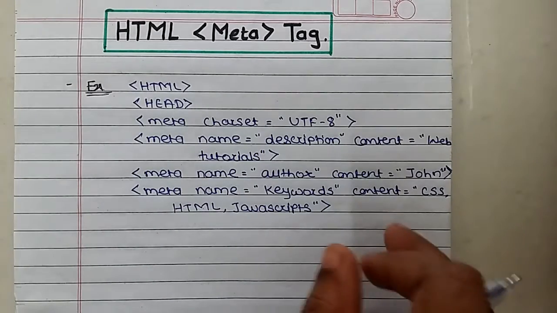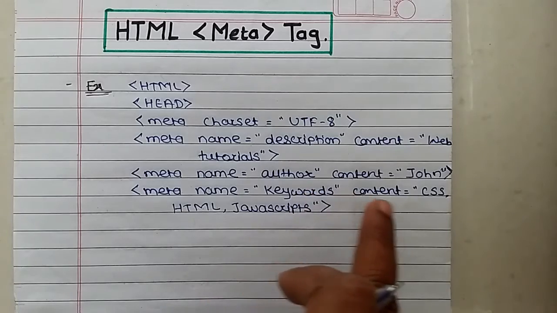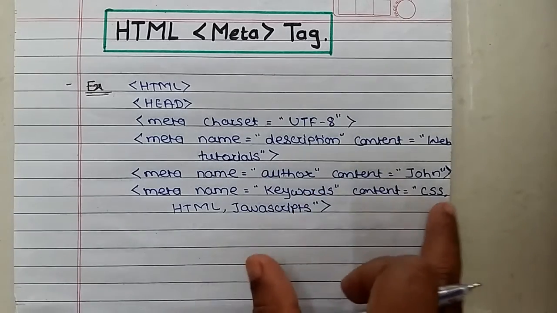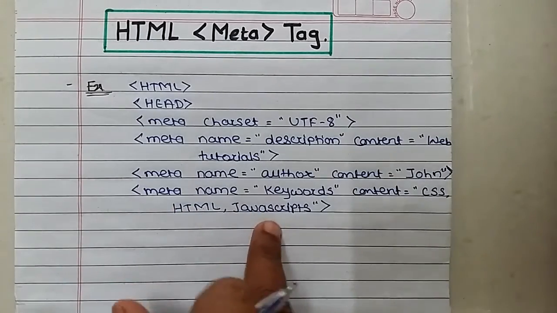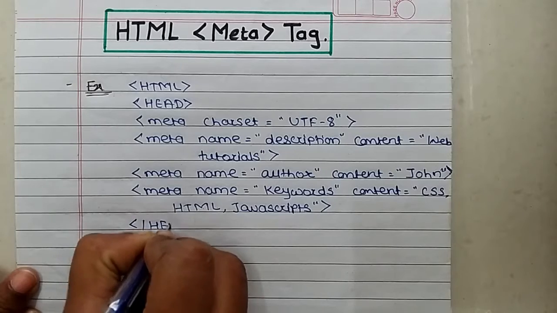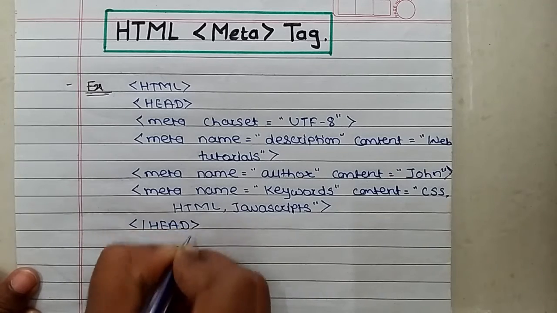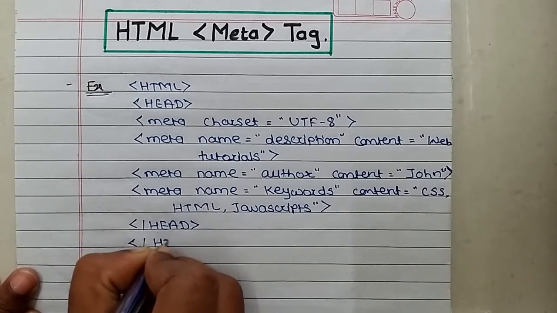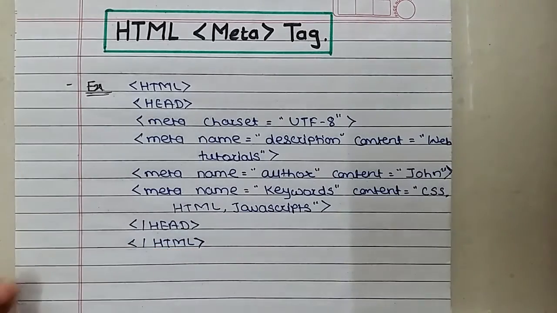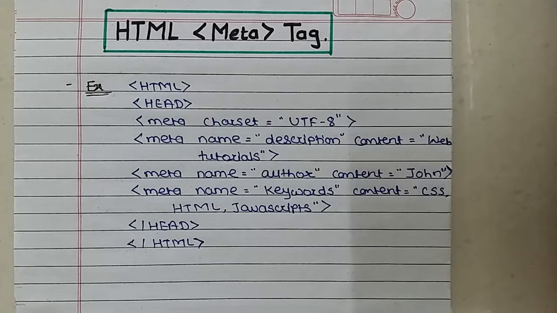What you want to search in your search box, all these contents are provided in this keywords content, that is CSS, HTML, JavaScript. Then close the head tag, and after that close the HTML tag. So this is one simple example of how to write the meta tag in an HTML document.